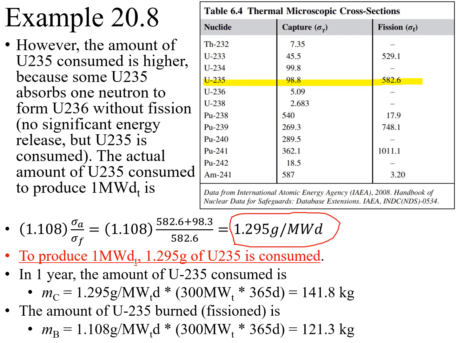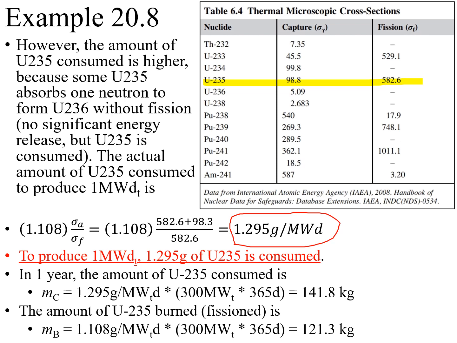At the same time, we can also calculate the amount of the uranium-235 that is burned, or undergoes fission reaction. We use 1.108 as the factor, times the same number of megawatt a day, and we get 121.3 kilogram. Just pay attention to the wording.